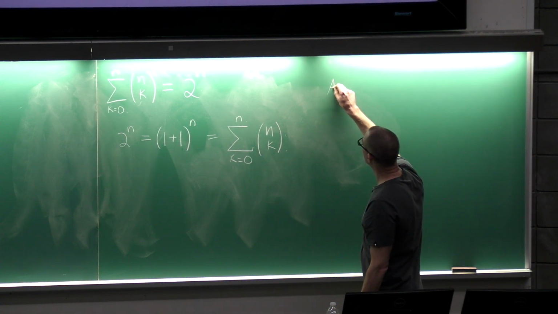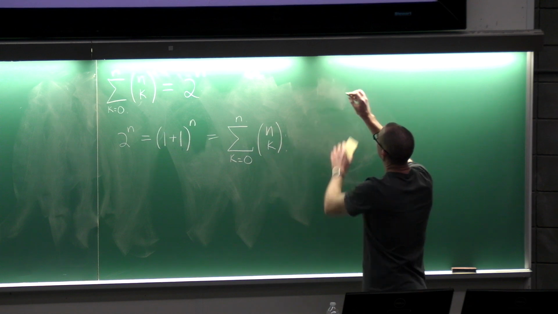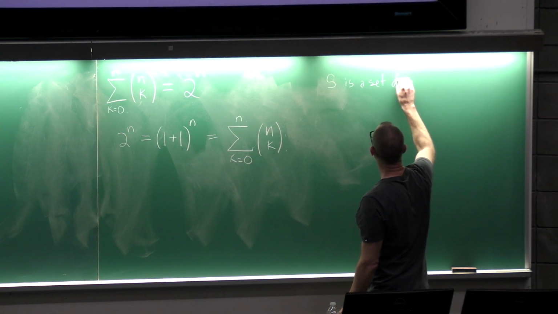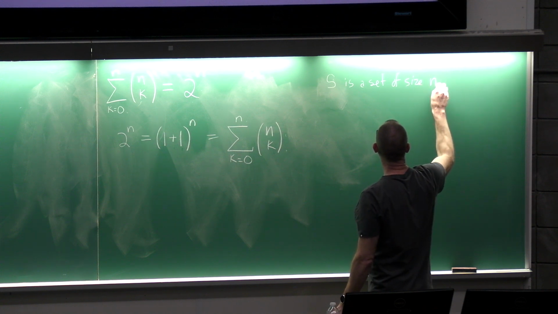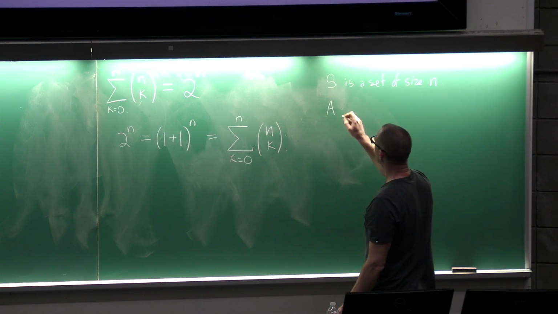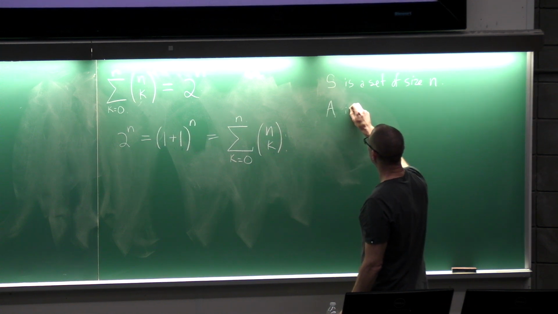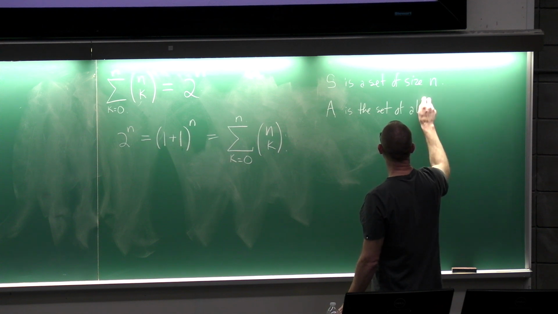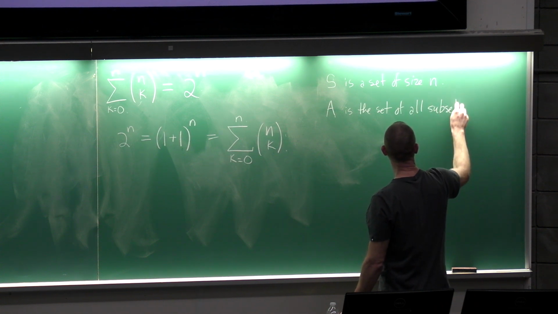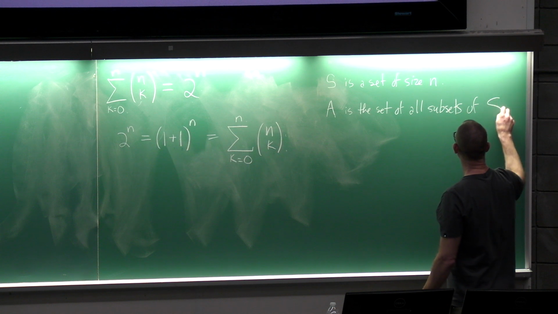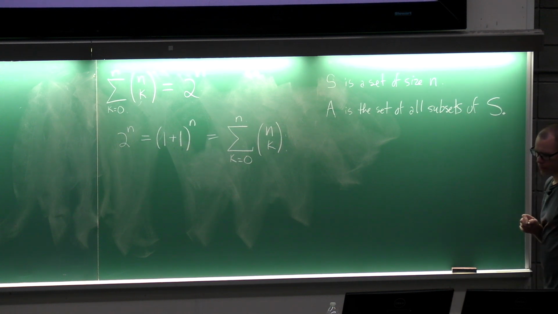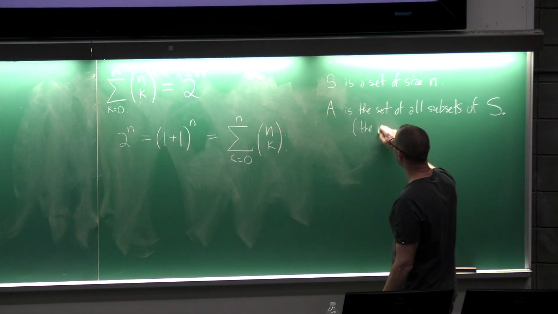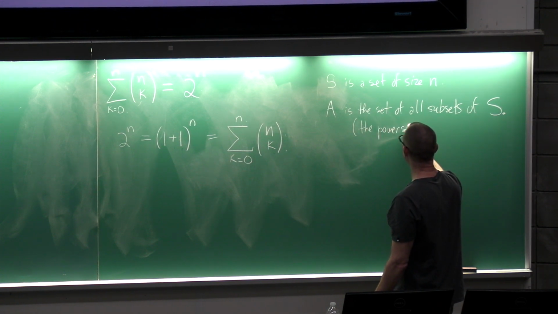Let's say S is a set of size n, and let's say A is the set of all subsets of S. So this also has a name. This is called the power set of S. We've studied these before.